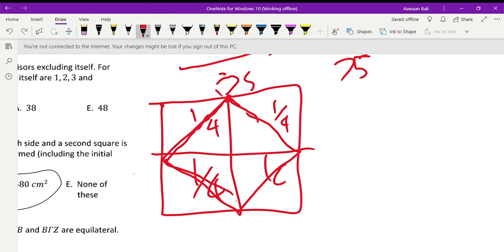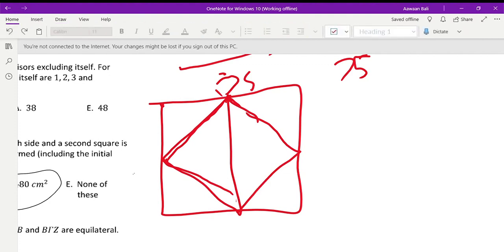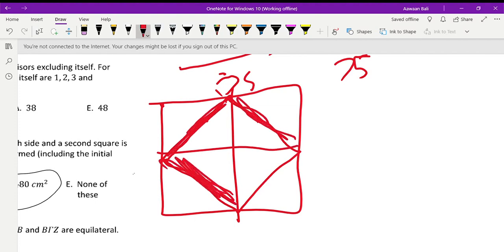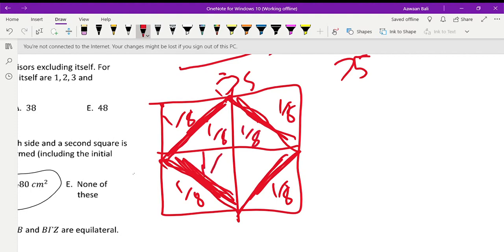A half of the fourth is an eighth. This is an eighth, this is an eighth, this is an eighth, this is an eighth, and this is also an eighth, an eighth, an eighth, an eighth.